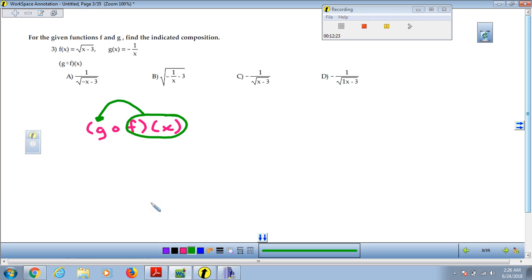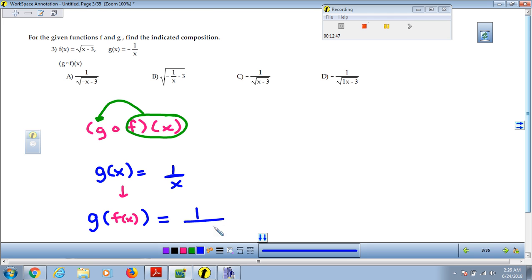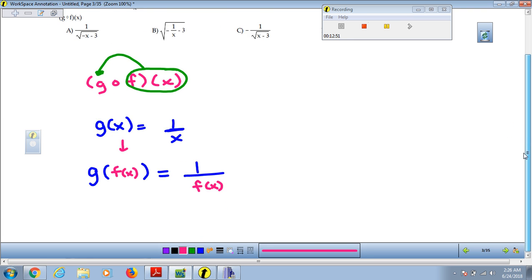into g of x. So I'm going to say, okay, g of x is equal to, I'm going to copy g of x, 1 over x. So into every x, I'm going to substitute f of x. And f of x is which function?